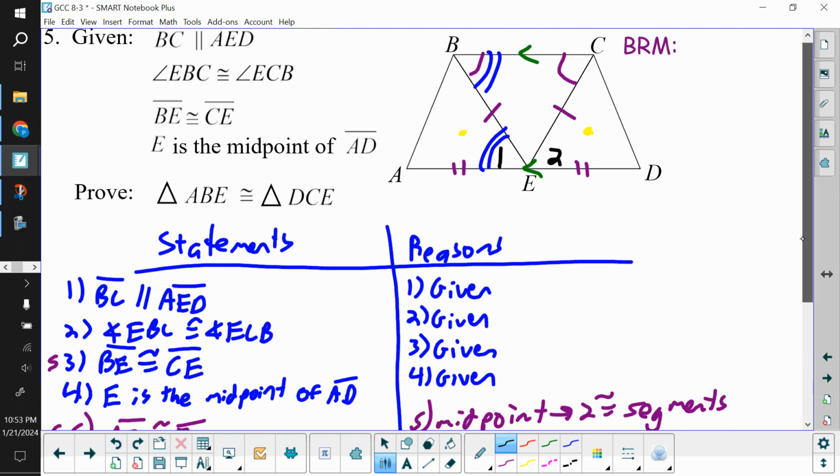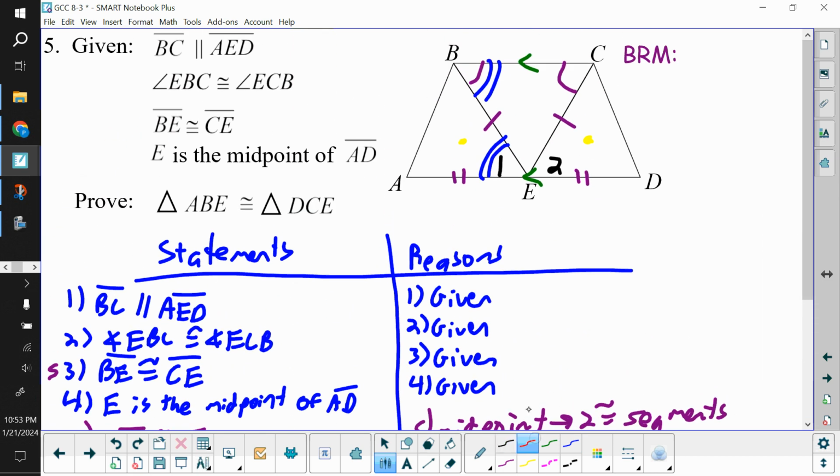When I go up to my picture, I'm going to mark those two with 3 arcs. And notice when I put the 3 arcs in, I didn't use that first arc as one of the 3.